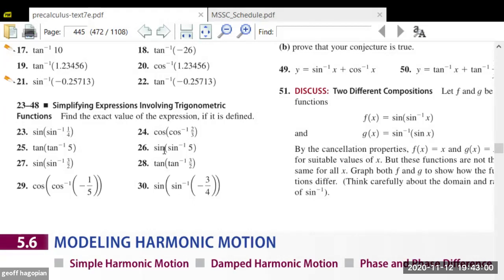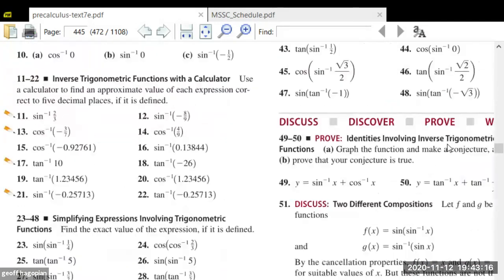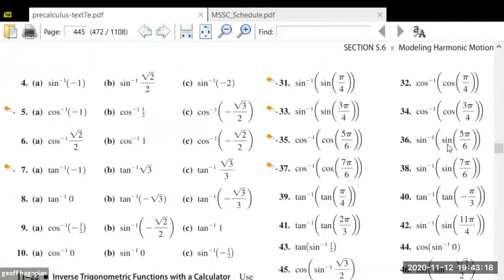So the arc that takes us to -3/4 is going to be negative something. That's not a well-known value, but if we take the sine of that value, we get -3/4. So that's all kind of silly. There's not much to compute. I just think, does it make sense?